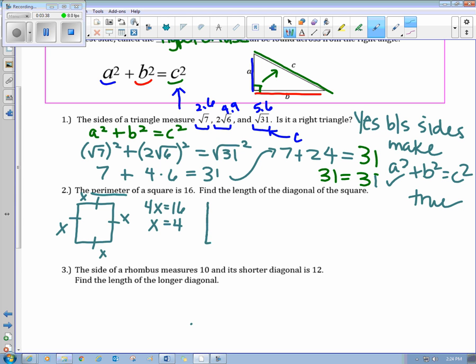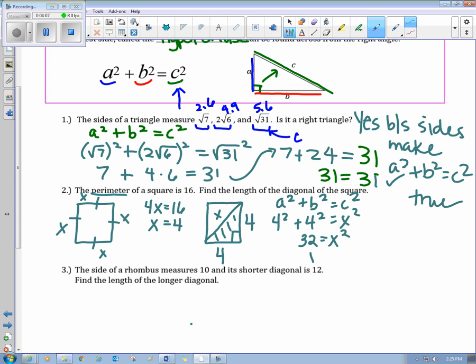So if I redraw my square with side lengths of 4, we know that a square has a right angle. And if we focus on this right triangle, we can do Pythagorean theorem and substitute in those side lengths of 4. So I have 16 plus 16, which is 32.